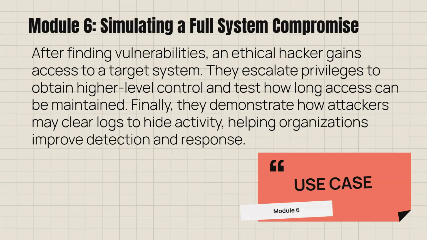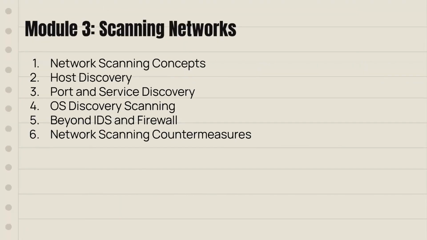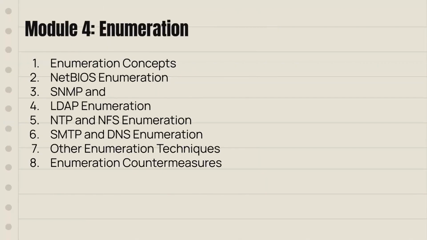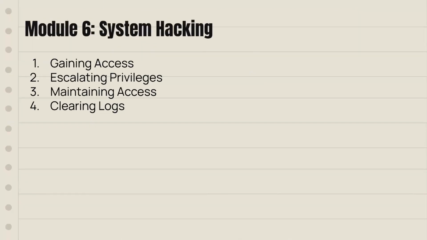This is how we demonstrate how the simulation works in the network. So if you want to be a penetration tester, you need broad and deep knowledge of module 2 to module 6. This is the methodology that every penetration tester follows, and this is what you require to get a job in cybersecurity.